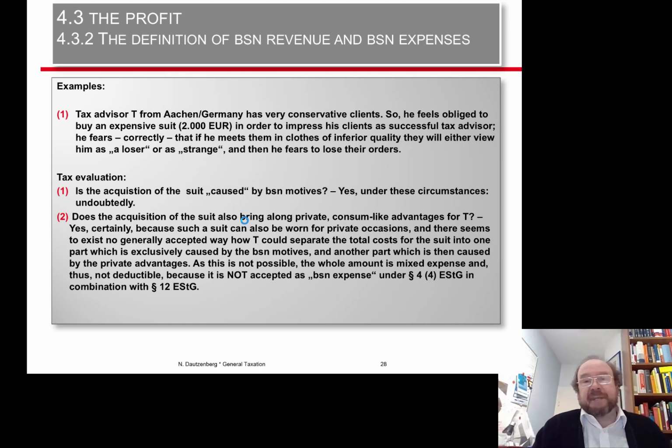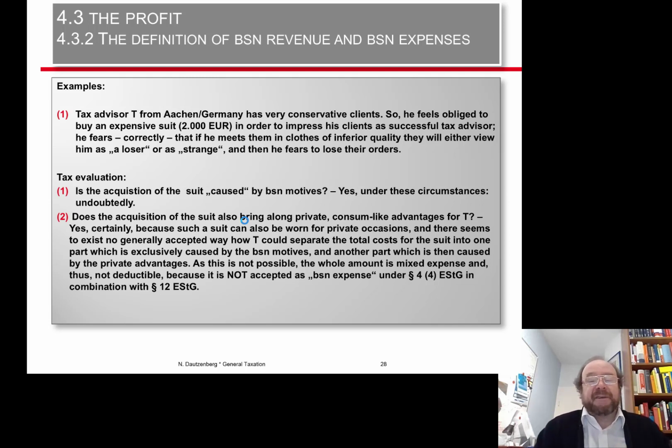And so let's make the test. First, can it be a business expense? Is it caused by business motive? Yes, and the answer is yes. Now the counter test. Is there also a private, so consumer-related motive or advantage combined with that expense? And the answer is, well, a nice suit can also be worn for private occasions. Most people don't, but there are always occasions where you could.